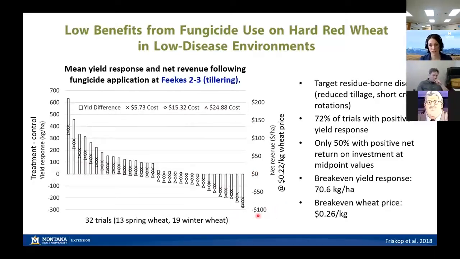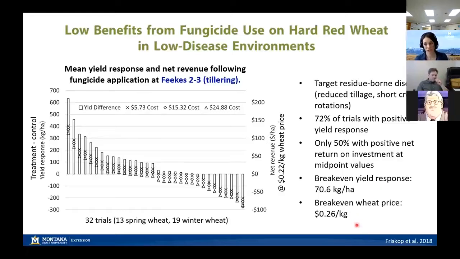Based on these data from the tillering fungicide application study, the break-even yield response would be 70.6 kilograms per hectare. So you have to have a yield gain of 71 kilograms per hectare or more to at least economically justify your fungicide application or come out with a net gain.